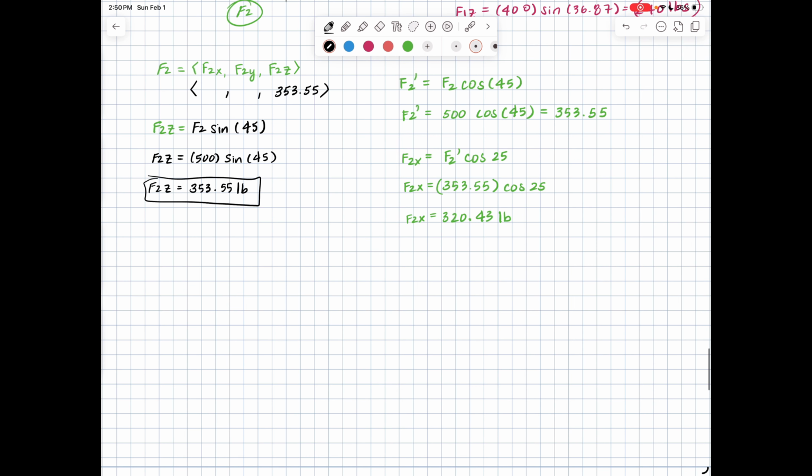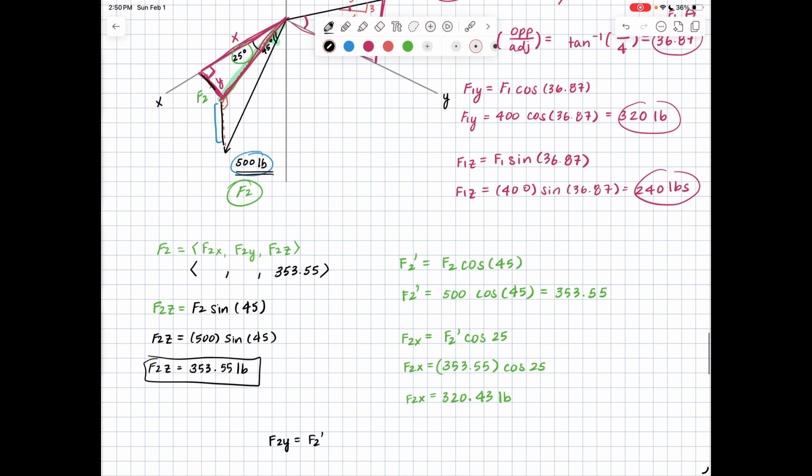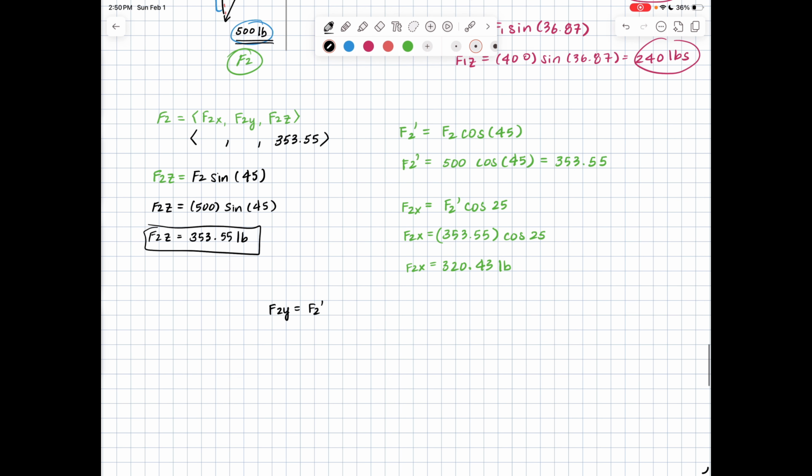Similarly for F2y, I'm going to do F2y equals F2 prime. And now we want the opposite side, so that's the sine function, so sine of 25. So F2y equals the magnitude of F2 prime, so that's 353.55 times sine 25.